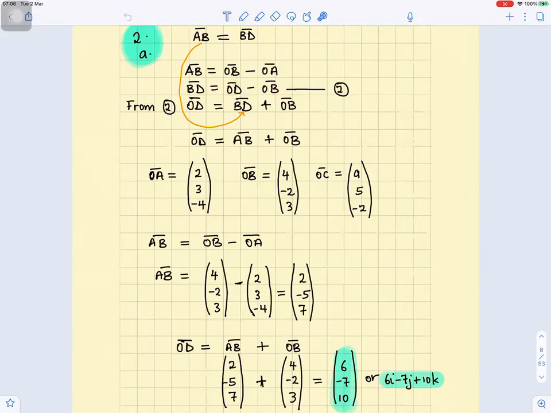And from equation 2, we can have OD is the same as BD plus OB. So we take minus OB to this side, it becomes plus OB. And OD now is AB plus OB.